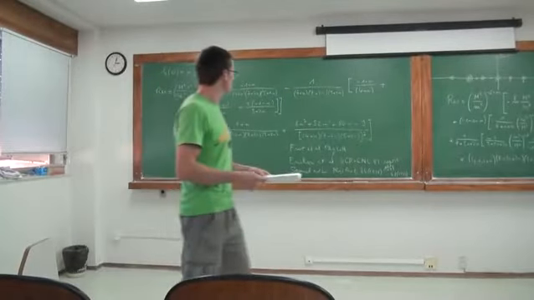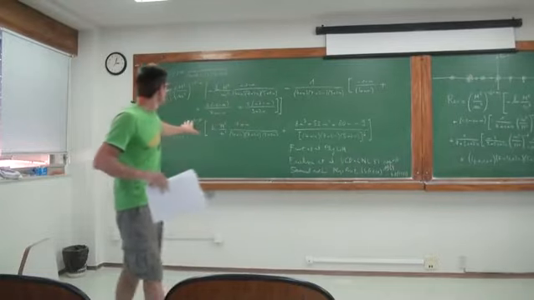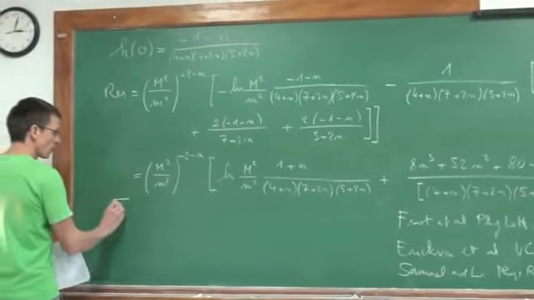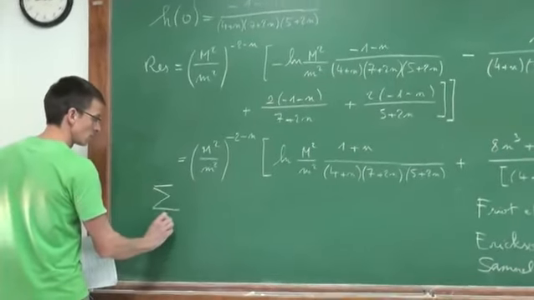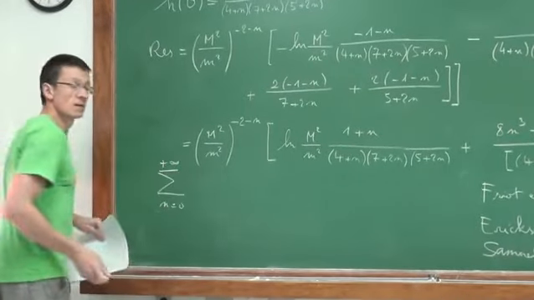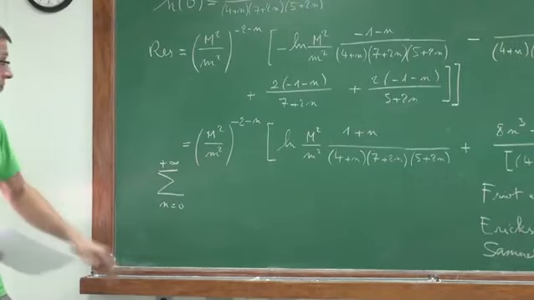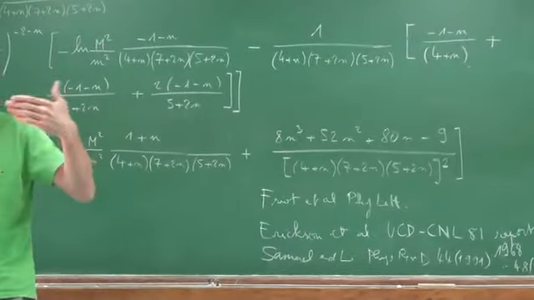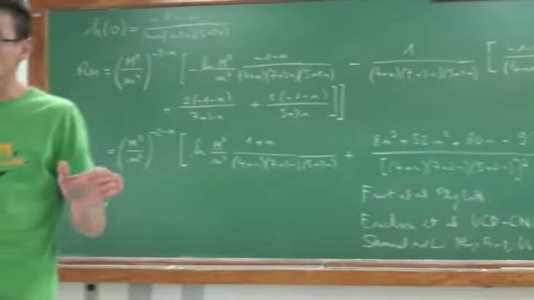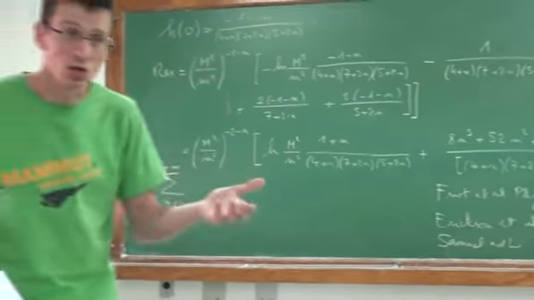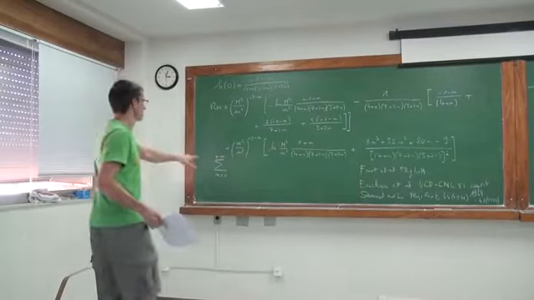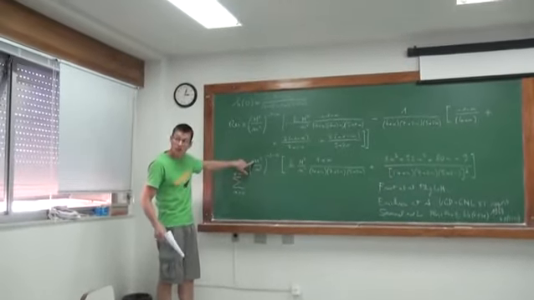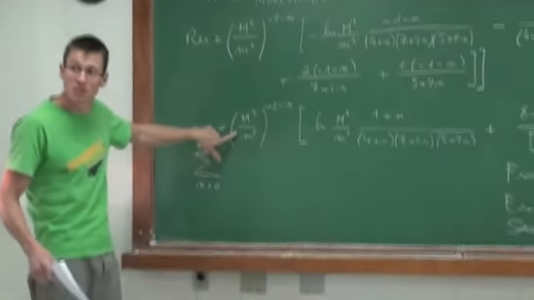Well, so this is the 2 loop result. You have an exact dependence, because you will now perform the summation. If you do the summation, you can express these sums in terms of special functions, no problem. You perform analytic continuation, because this is a series that converges only when big N is less than small n.